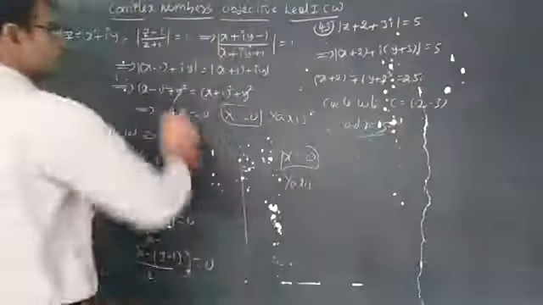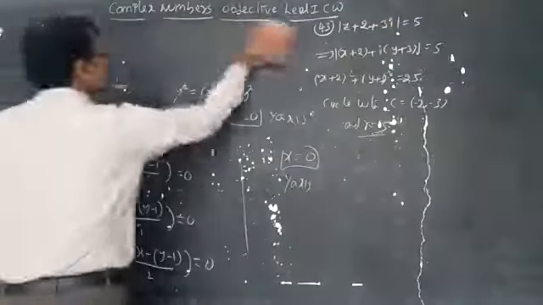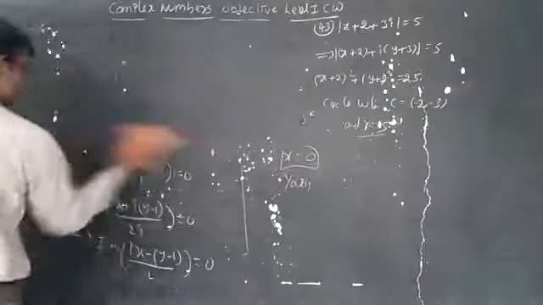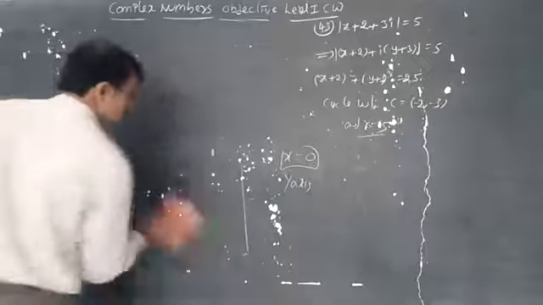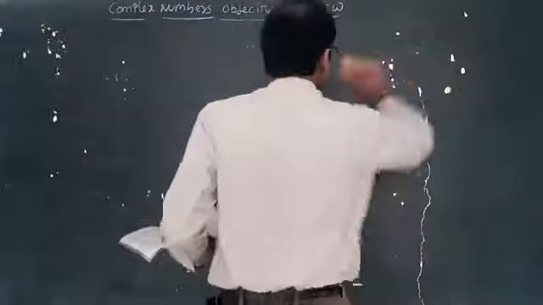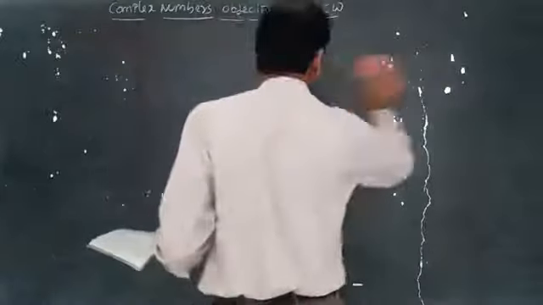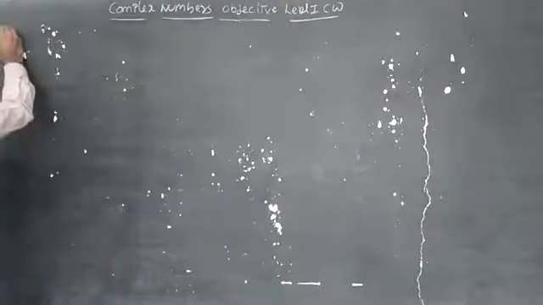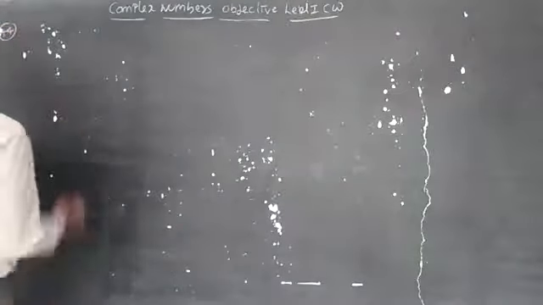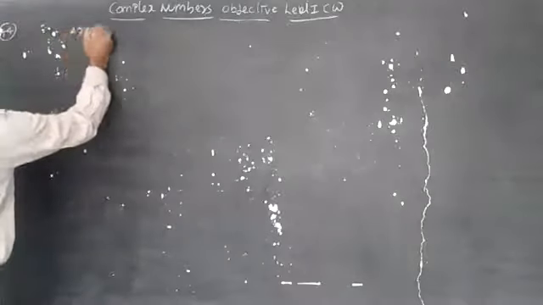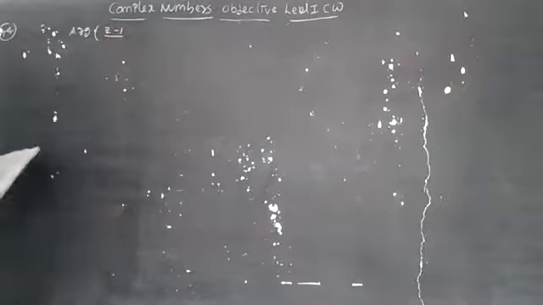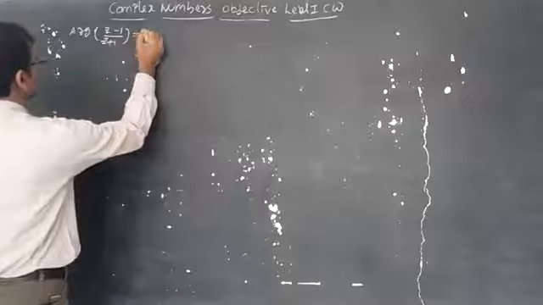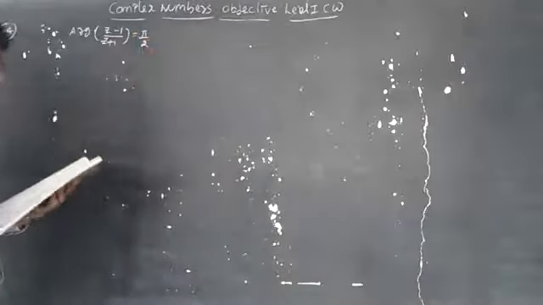Next, 44th question. Argument of z minus 1 by z plus 1 is equal to pi by 2, the locus of z.